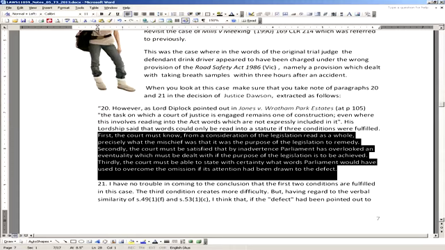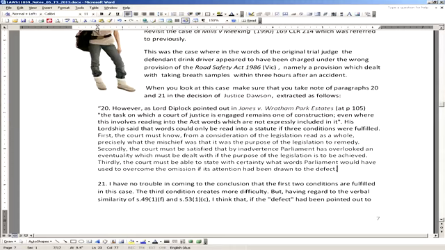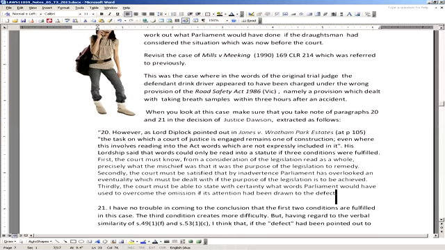But you can only do that if you can cross those three hurdles. Now, obviously what's happening here is that one of the Australian High Court judges is taking this process and applying it in Australia, or applying it in this case in the Australian context.